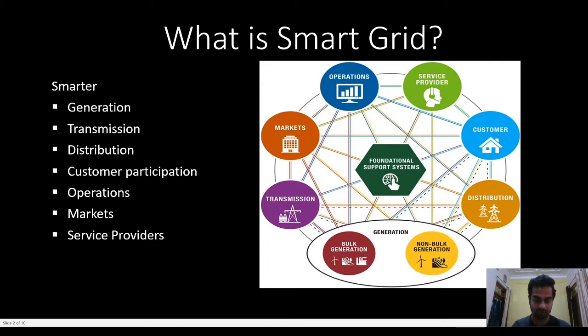Right. The last part of the domains is the service provider. Various service providers will emerge as the smart grid model matures. A communication interface with the operator, market, and consumers will be needed for the service provider.